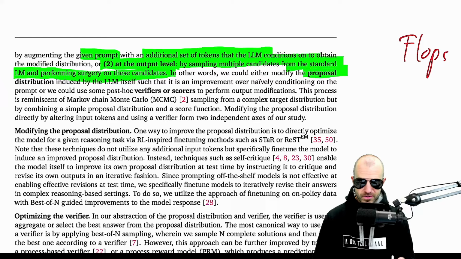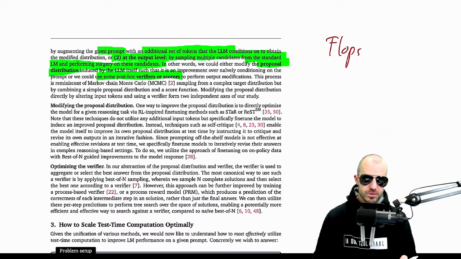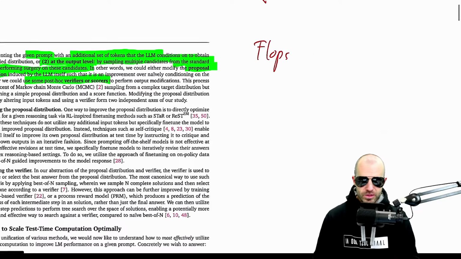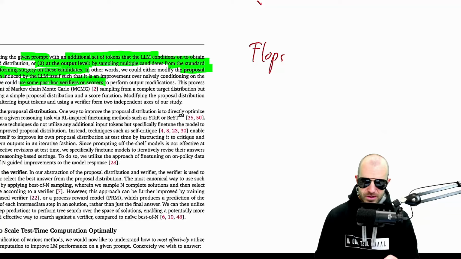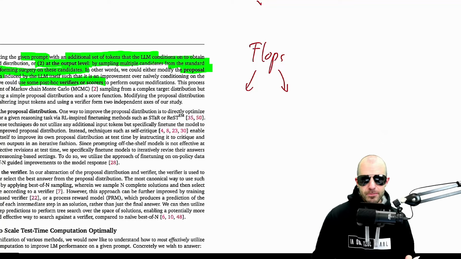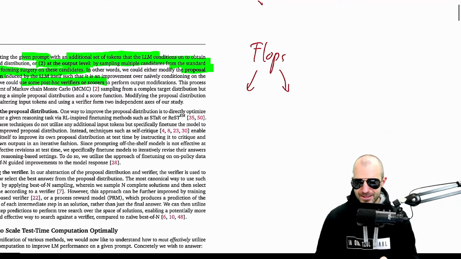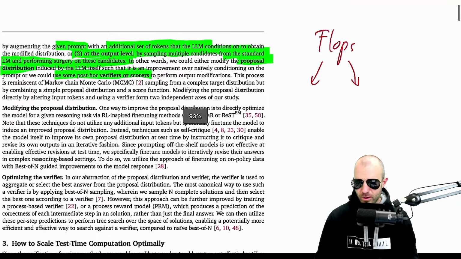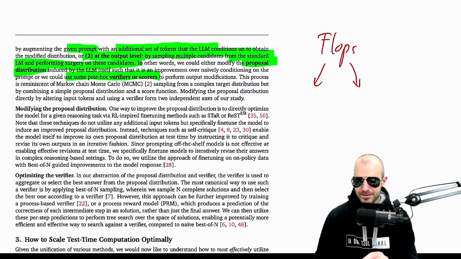So we can either modify the proposal distribution, or we can use some post hoc verifiers or scorers in order to do that. And while I generally agree with this taxonomy, if you will, I don't think it's so clear cut. So again, rather interpret this paper as: we tried a bunch of stuff, because some of the scoring methods are going to need these input modifiers.